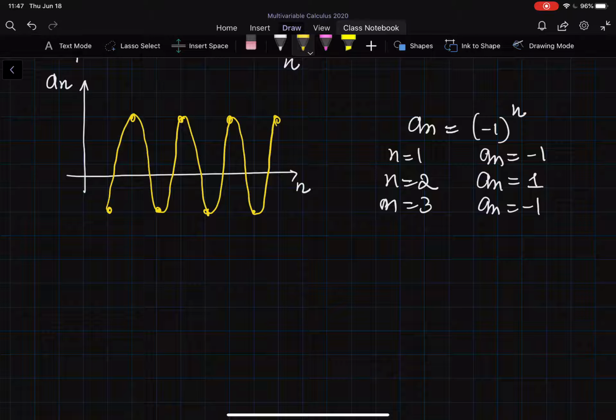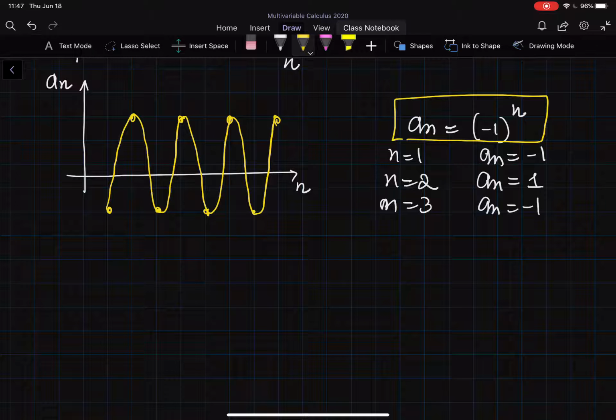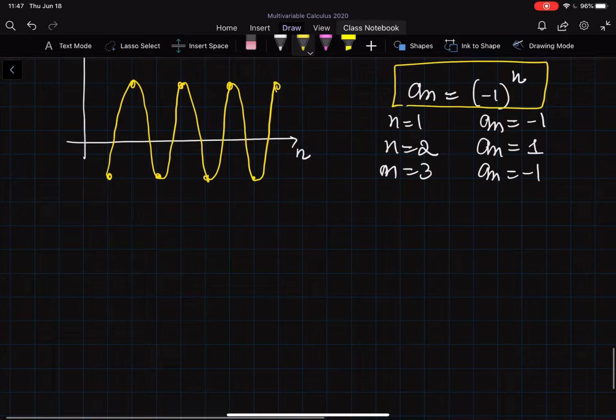In this case, there is a theorem, but it also really depends on a_n. If a_n is simply minus 1 to the power of n, then it's diverging. But there are interesting cases where minus 1 to the power of n doesn't make the sequence diverge, so sometimes they might converge as well.